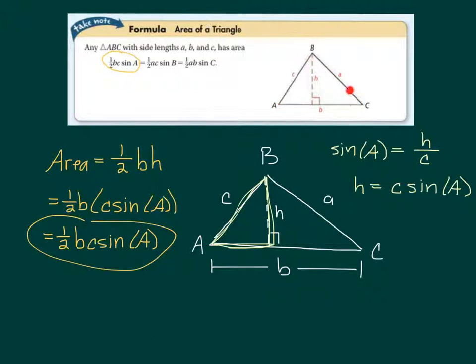The included angle is the one between them, this angle, so sine C. If I use sides A and C, then it's 1/2 times the length of A times the length of C times the sine of the included angle B. Similar idea for sides B and C with the sine of angle A.